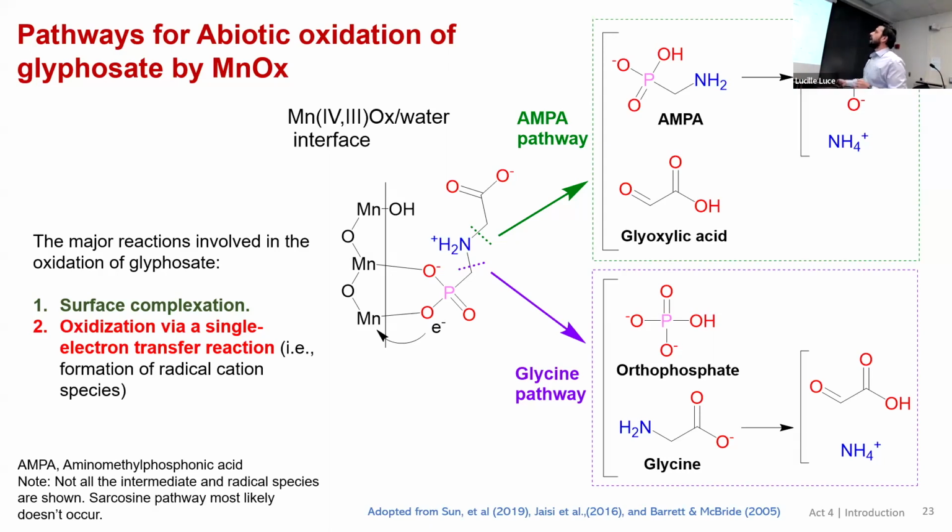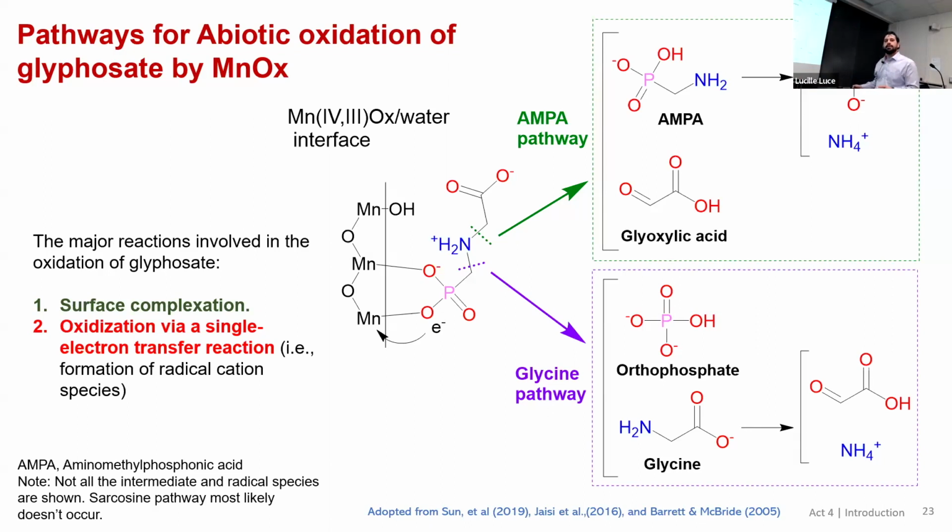Either it is AMPA or glycine. Two steps are really important for transformation. The first step is surface complexation. Glyphosate adsorbs. And then we have a single electron transfer reaction. Electron jumps into the surface. And then we have a radical species. And this radical species starts to degrade.